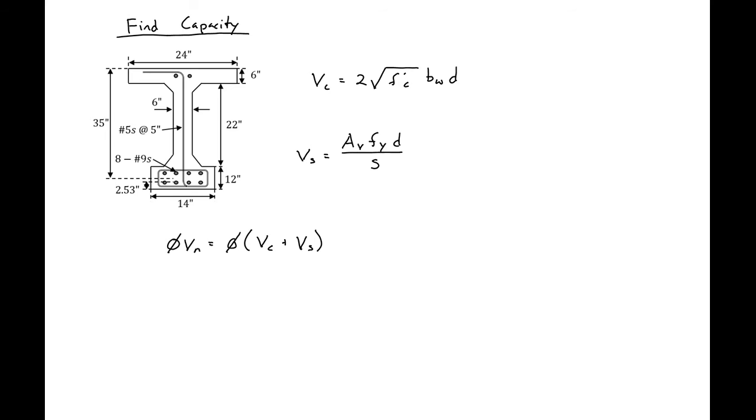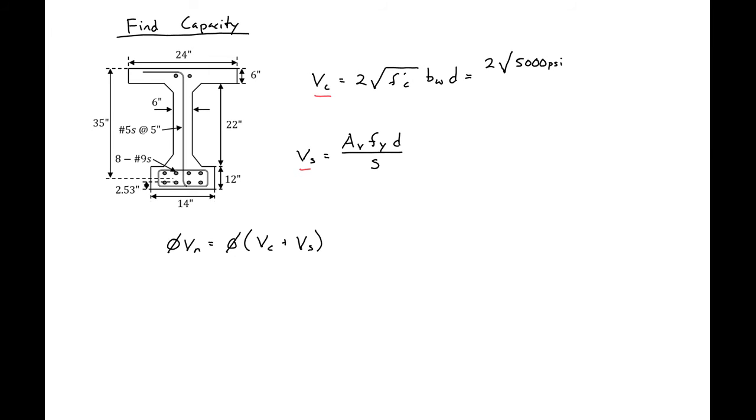This is the value we'll compare to our capacity to see if our section is indeed sufficient. So our capacity is going to be made up of our concrete component and our steel component of our shear strength. So we can first find our VC. This is going to be equal to 2 times the square root of our concrete strength, which in our case is 5,000 psi.